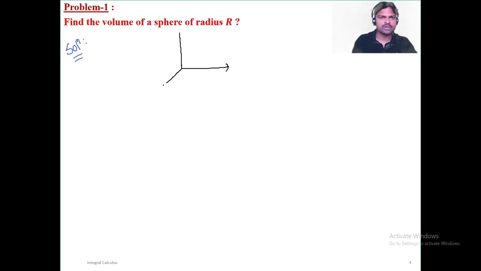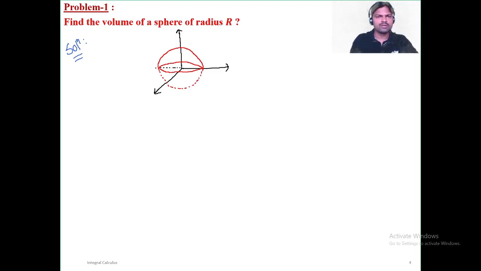Consider a rough diagram of a sphere. Remember, we have to find the entire sphere volume. Let us consider this as our required sphere, having radius capital R, and for this sphere we have to find the volume.